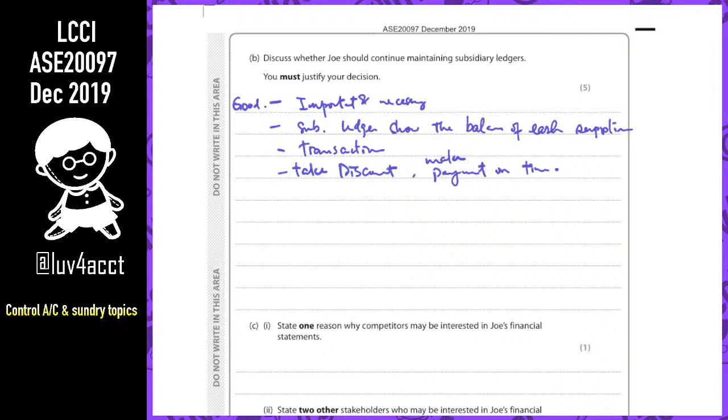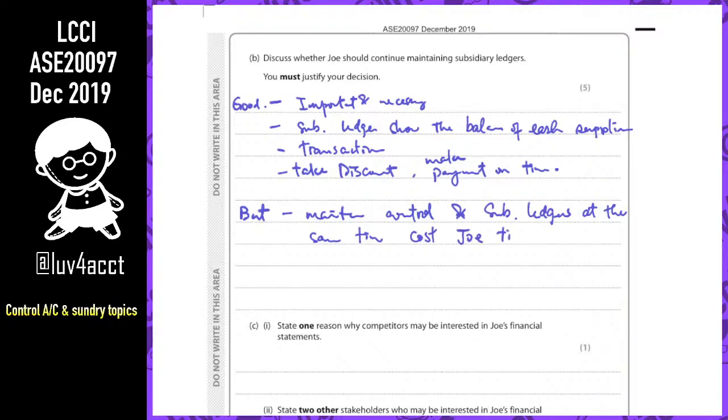But then sometimes you also have to think, if you maintain control account and subsidiary ledgers at the same time, it will cost Joe time and effort.